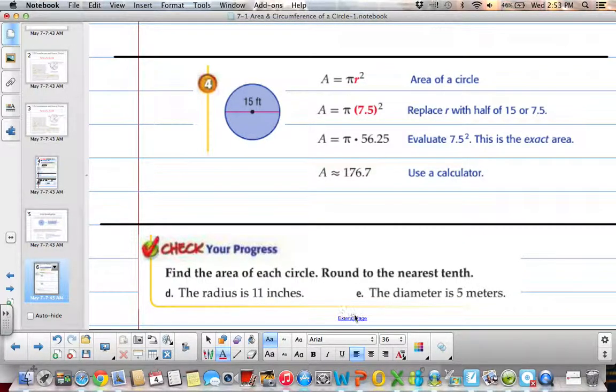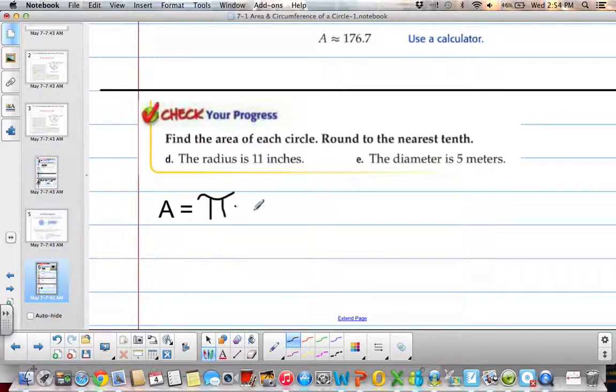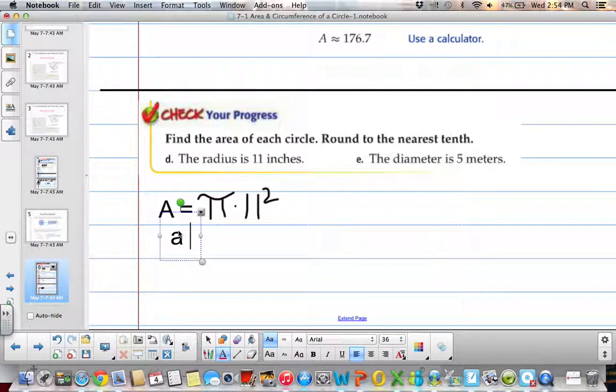So we would go A equals pi r squared, so pi times 11 squared. Then 11 squared is 121 times pi.